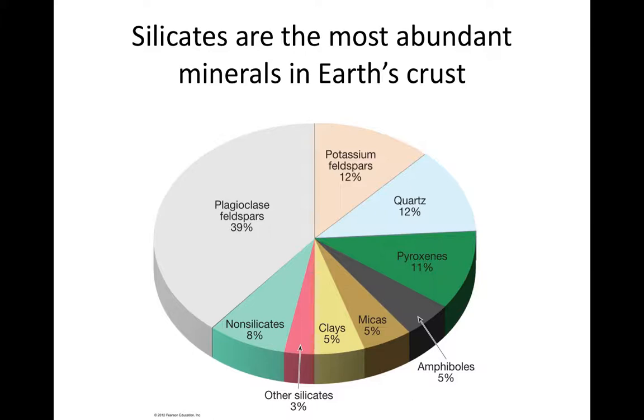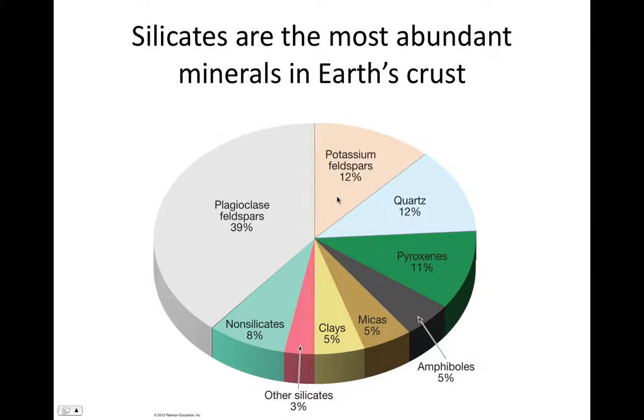So you have plagioclase feldspar and potassium feldspar. The feldspars are the most common mineral group. And you have quartz, the pyroxenes, which are ferromagnesian silicates, amphiboles, ferromagnesian silicates, and micas, which include both muscovite and biotite, and clays, and then all other silicates.